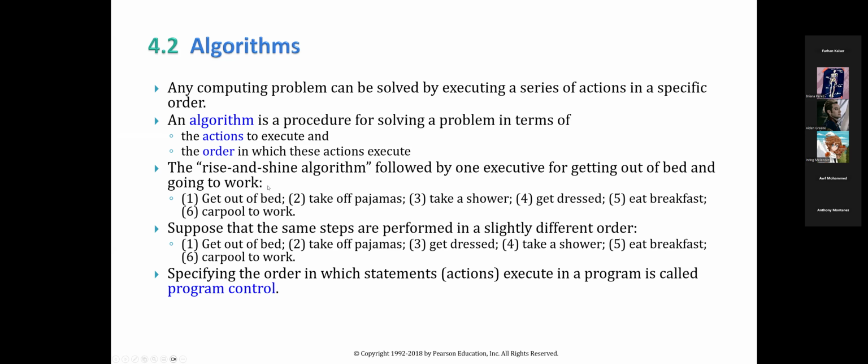This algorithm has 6 steps. The first one is get out of bed. The second one is take off pajamas. The third one is take a shower. The fourth step is get dressed. The fifth is eat breakfast. And the last one is carpool to work.